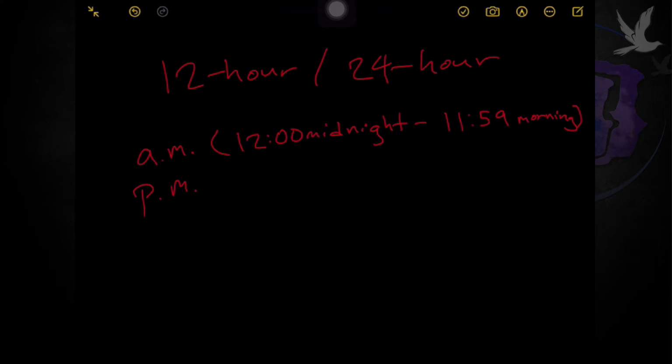And for PM, once it reaches 12 noon, until 11:59 at night. Okay. So these are the two basic things that you need to be familiar with first, AM and PM.